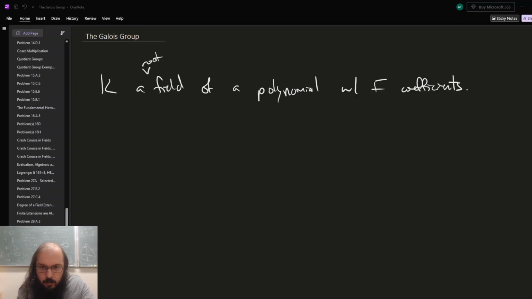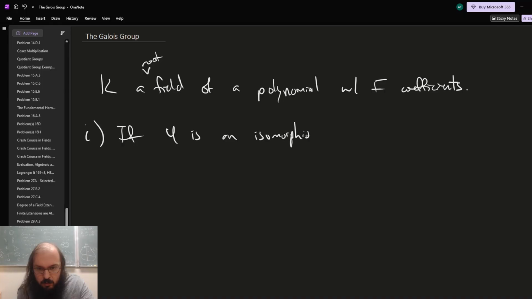And with this setup that we've seen many times, we have two facts. If phi is an isomorphism of K, fixing F, phi is an automorphism of K.